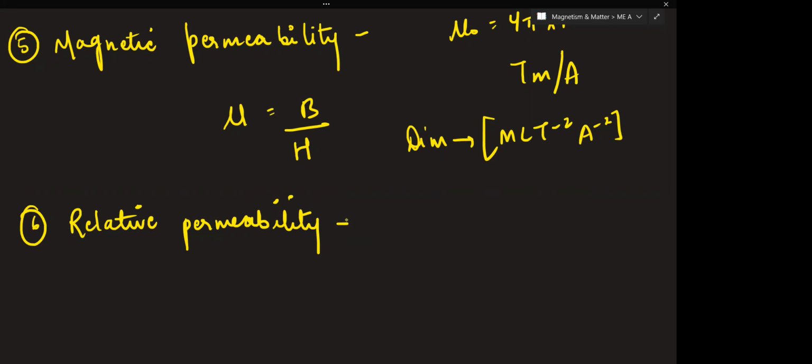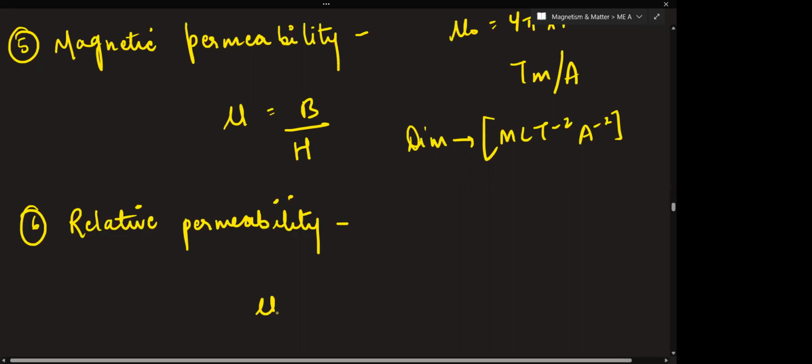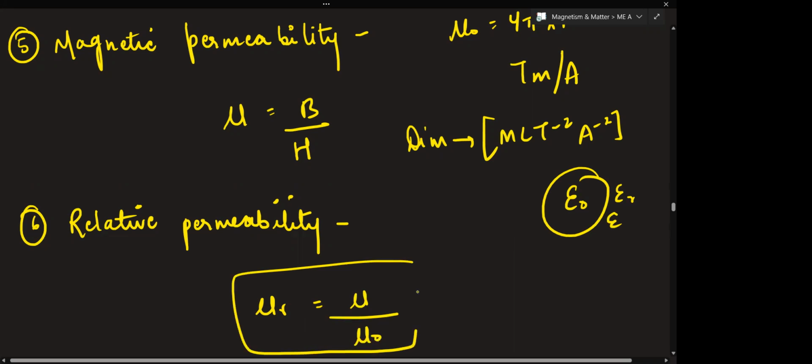So by changing different media, you have different values of permeability. That extent in different mediums is governed by relative permeability. And this relation we have already done when we were discussing epsilon naught also. Remember when we did epsilon naught, all these three. Similarly, relative permeability will be permeability divided by permeability in free space, similar to whatever you studied in electrostatics.